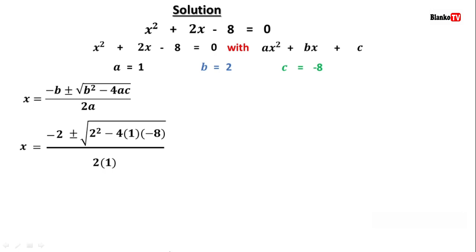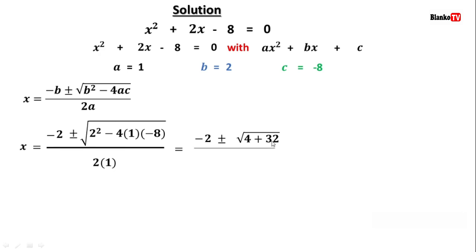Okay, so we have negative 2 plus or minus the square root of what? 4 plus 32. So 2 square will give us 4. Negative 4 times 1 will give us negative 4, times negative 8 will give us plus 32.